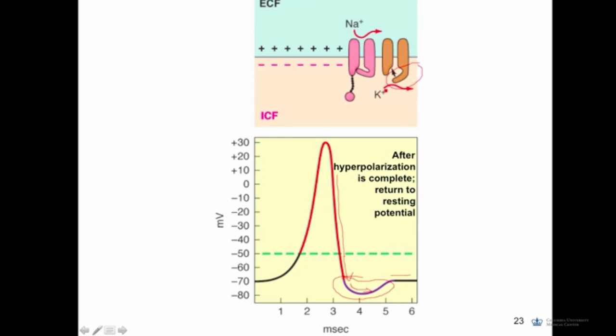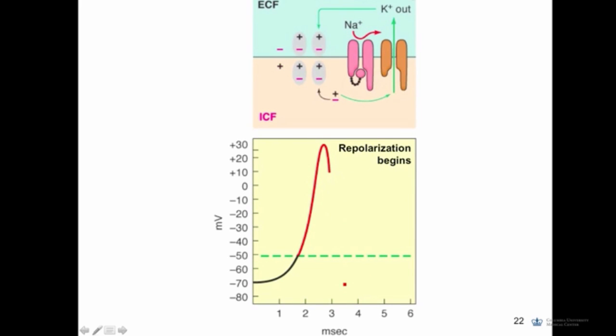And the potassium gates are all shut, and the sodium gates are all shut. And this hyperpolarization actually serves a purpose. If you notice over here, when the action potential was at its peak, the sodium gate was in this configuration where its activation gate was open and its inactivation gate was closed.